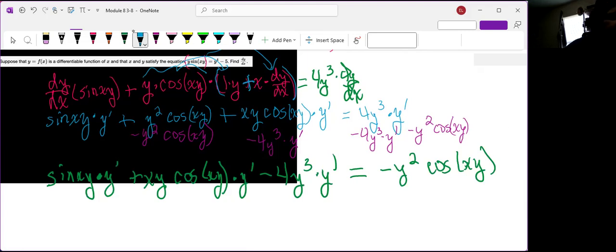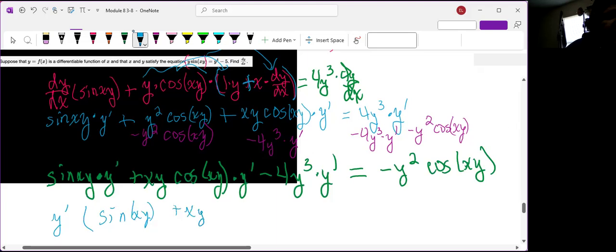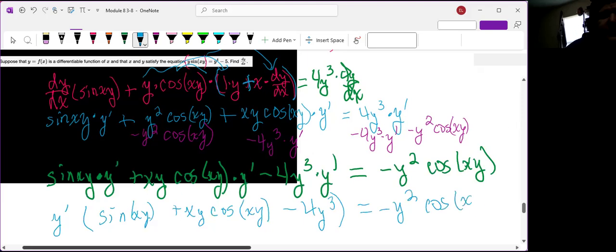Everybody on the left has a y prime, so we are going to factor it out. So that is now sine of xy plus xy cosine of xy minus 4y cubed, still equals the negative y squared cosine xy.